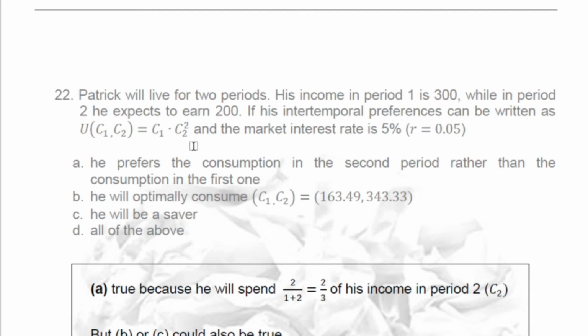So we could say that Patrick likes consumption in period 2 more. So maybe he should be a saver. So maybe C should be true, and then all of the above. Anyway, sorry, we will do the exercise.